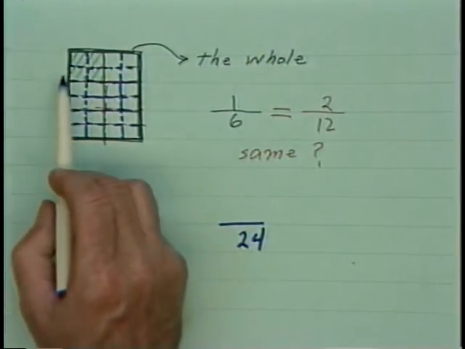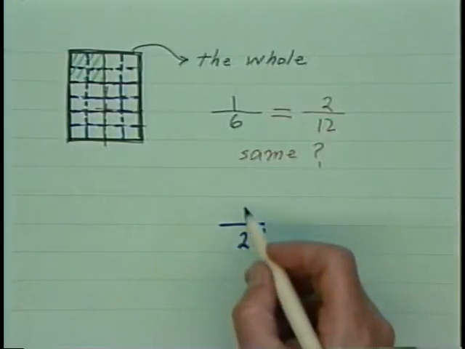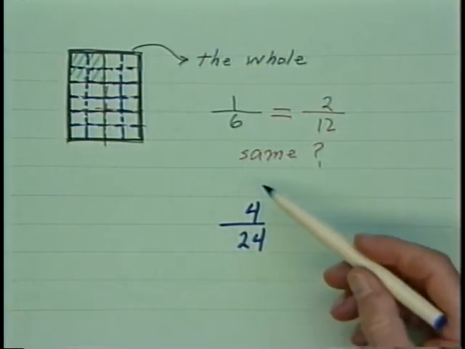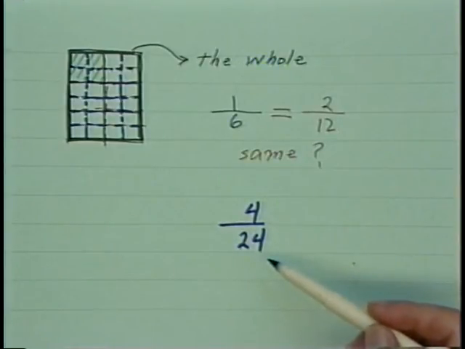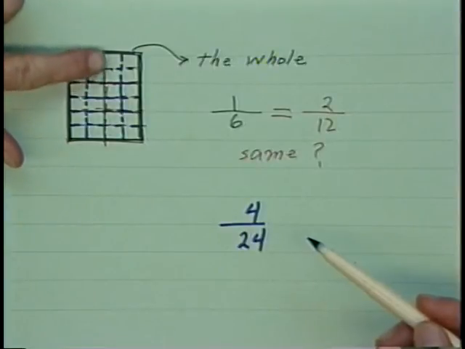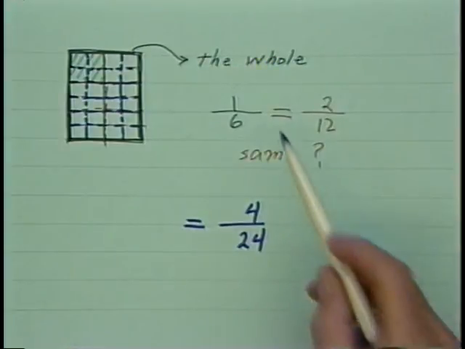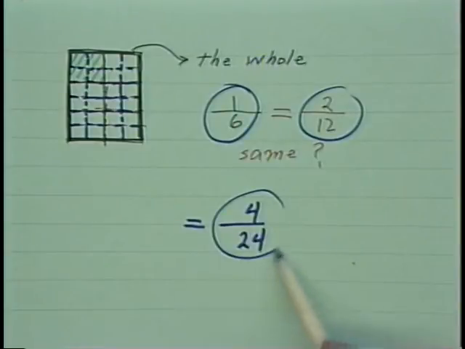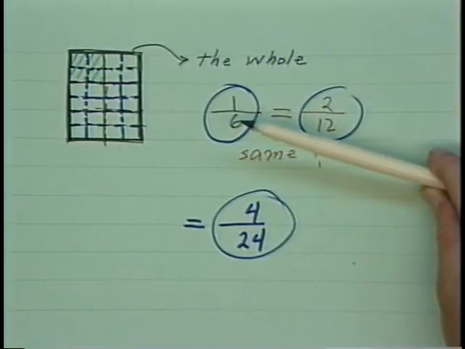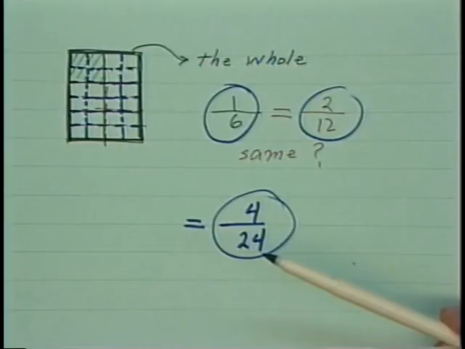But now in our little piece of the whole, there are 4 of the very tiny squares. So we say, okay, we're taking 4 tiny parts of the 24 tiny parts. But that's still the same portion that I had originally. So we begin to get the feeling that fractions, the same amount, can be written many, many different ways. That 1/6 of the whole is the same as 2/12 of the whole is the same as 4/24 of the whole.